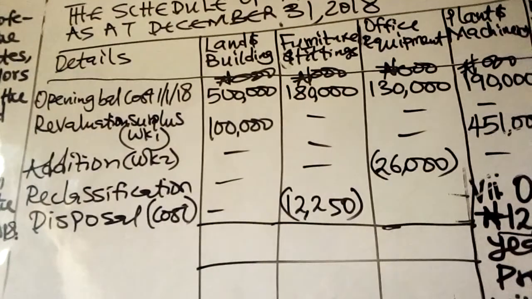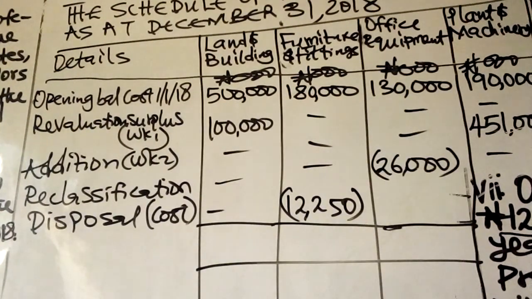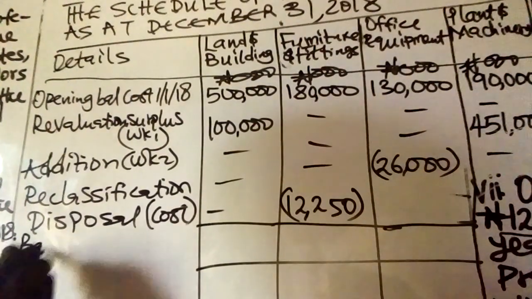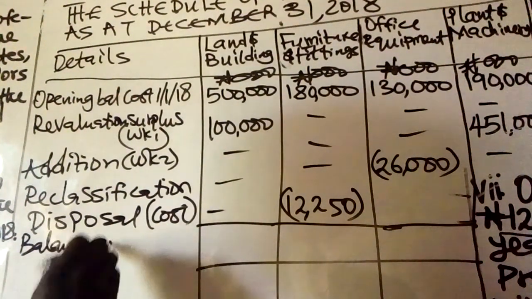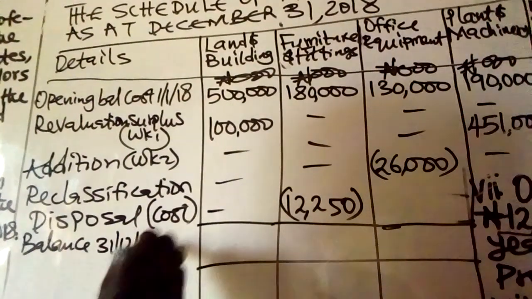And that will be the balance asset balance as at 31st of December 2018.